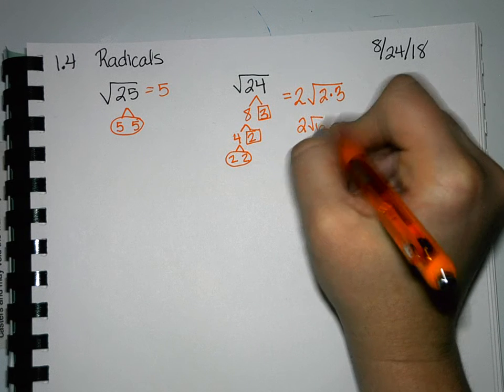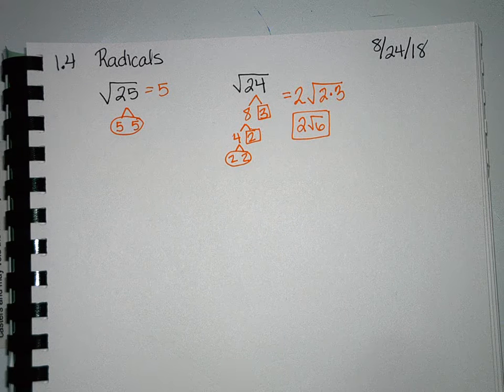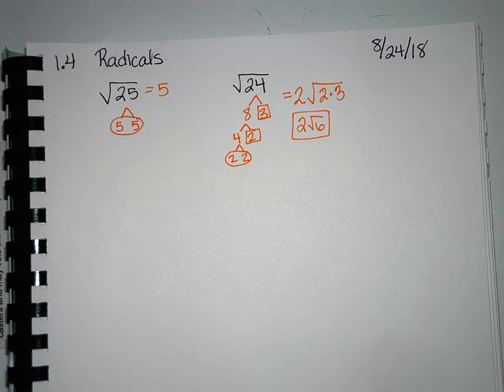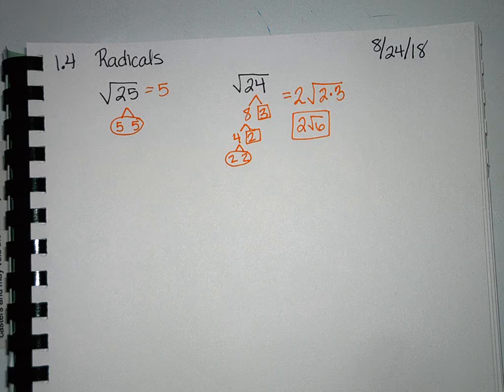So 2 square root 6, that is your simplified radical. This is how you can do every single one: find a factor tree, look for pairs. If you can pair it up, it moves to the outside. If you can't, it stays inside.